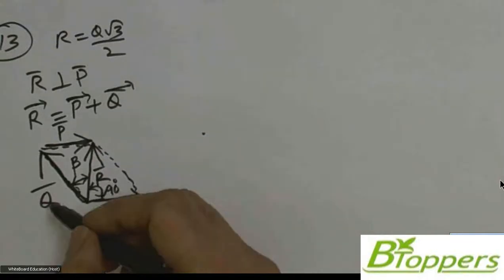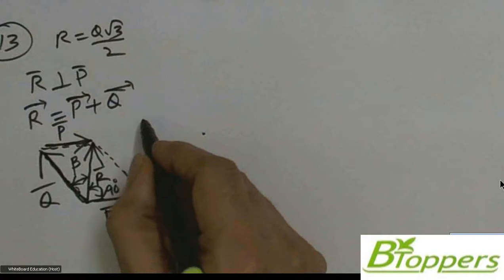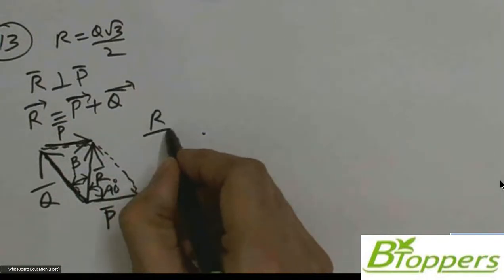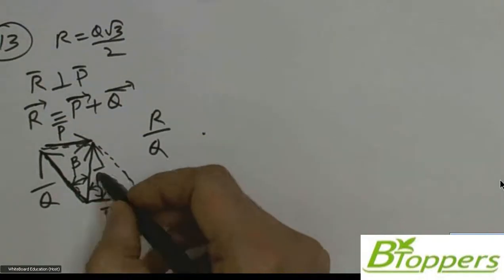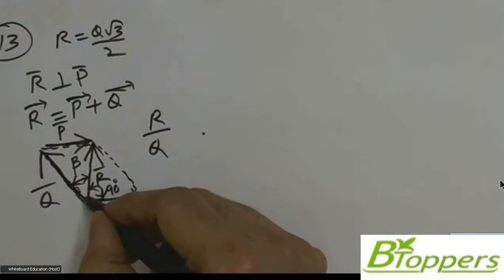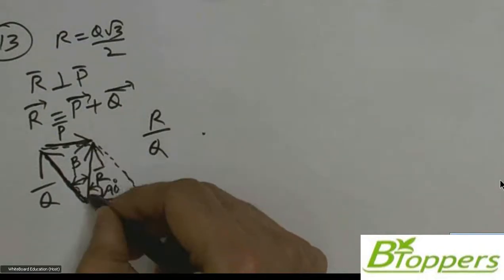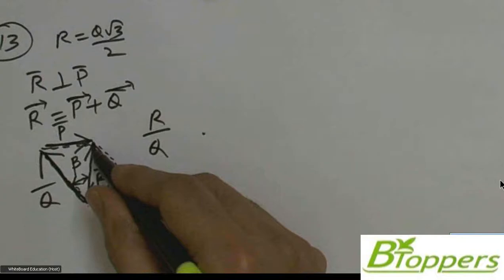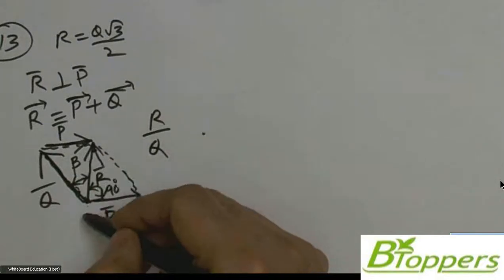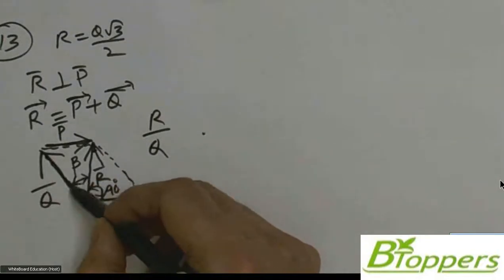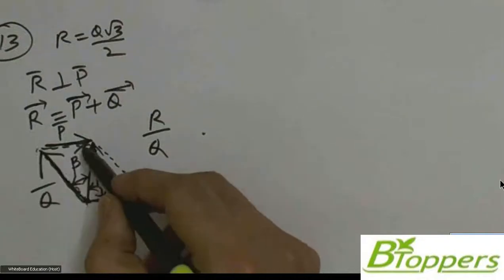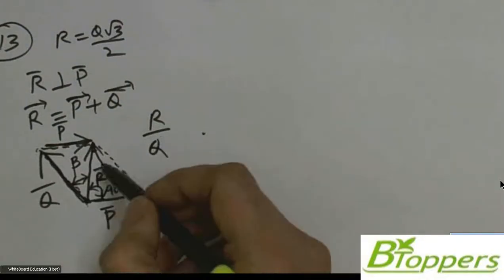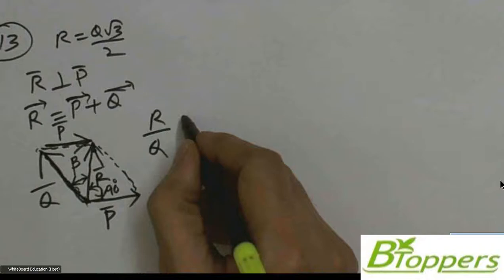From the given figure, r by q will be equal to adjacent side by hypotenuse. Length of this side gives you r, the magnitude of the resultant. Length of this hypotenuse side gives you the magnitude of q. Here we have a right angle triangle. So r by q gives you cos beta.